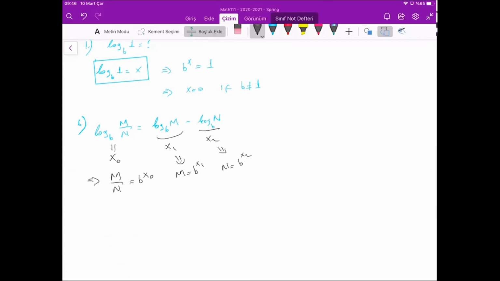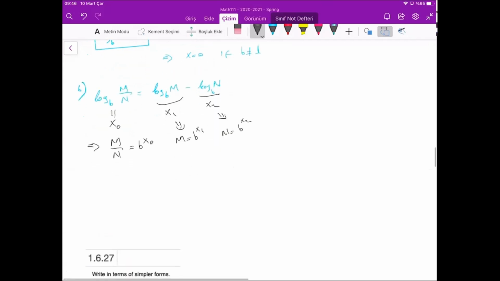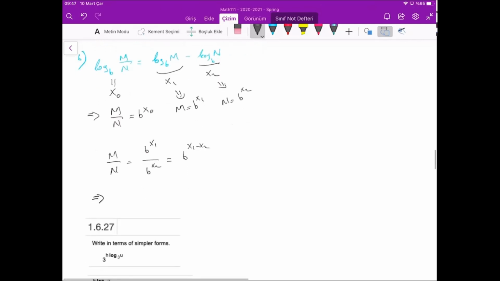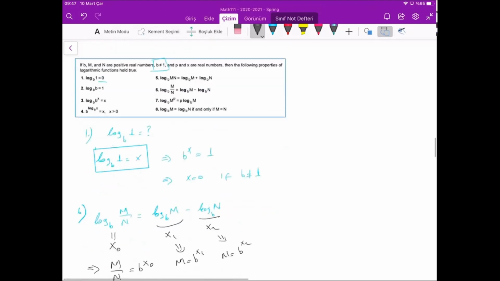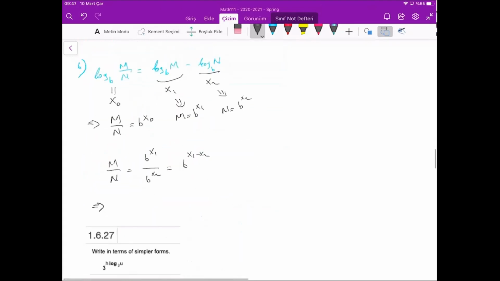So what is m over n? b to power x1 over b to power x2, which is b to power x1 minus x2, by the properties of the exponential function. By using the logarithmic definition, we can say that logarithm base b of m over n equals x1 minus x2.